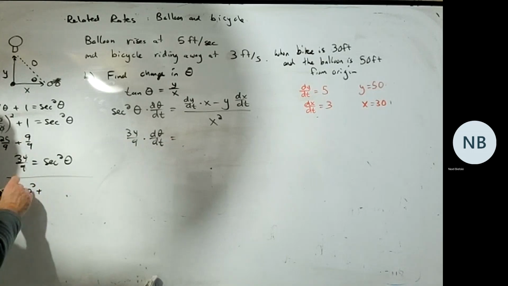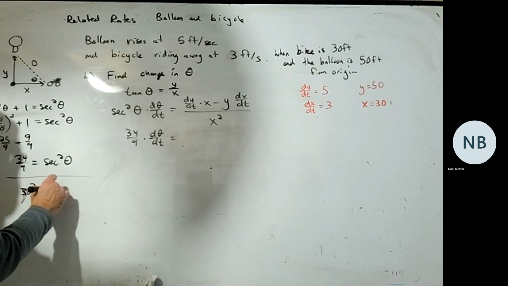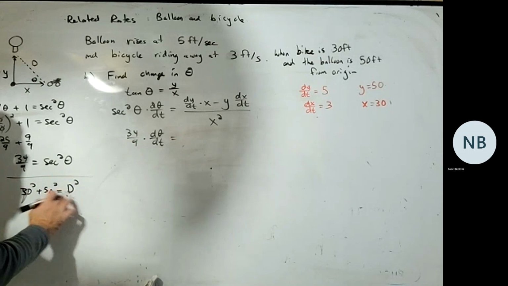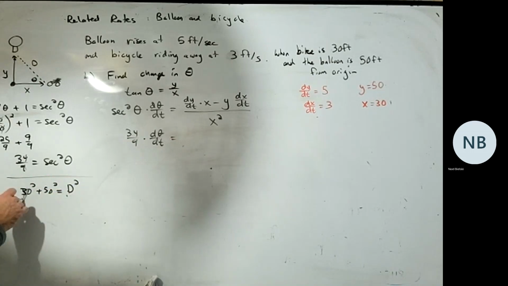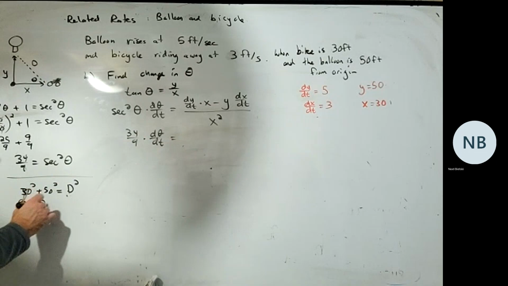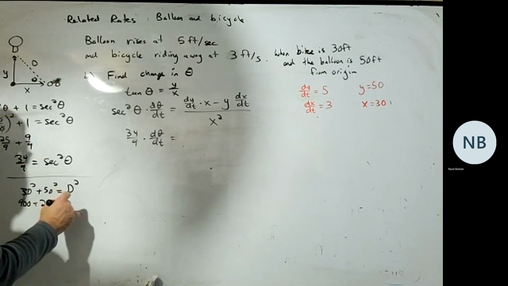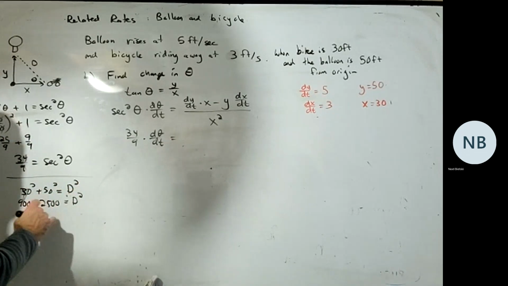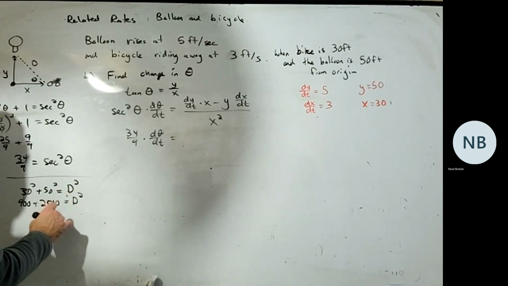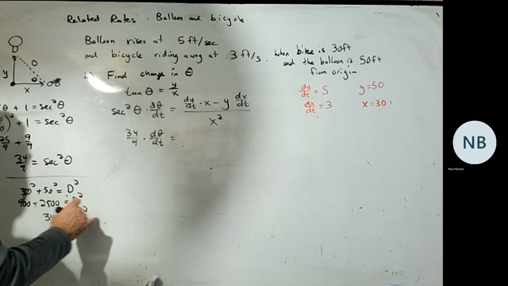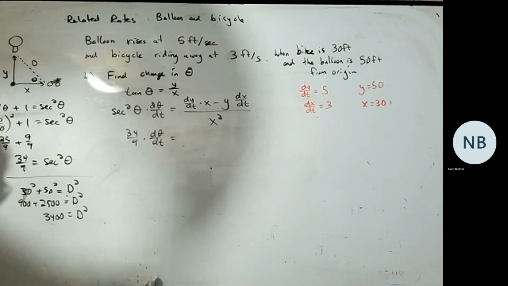Let's check, 30 squared plus 50 squared would be equal to d squared. So 900 plus 2500, yeah, is equal to d squared. So this is going to be 3400 would be equal to d squared. So square root of 3400.